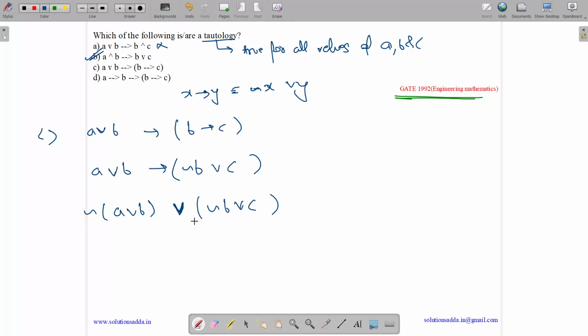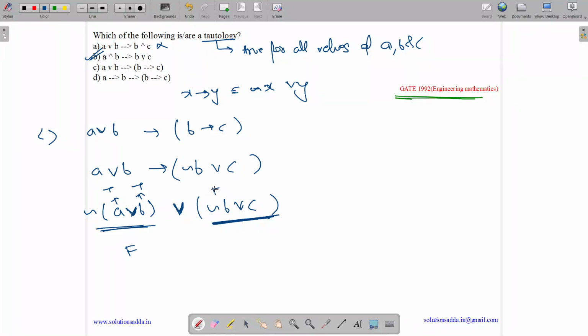We want to make this side false. If this side should be false, then A should be true, B should be true, so that true or true comes out to be true and negation of true is false. But here, what is B? B is true.